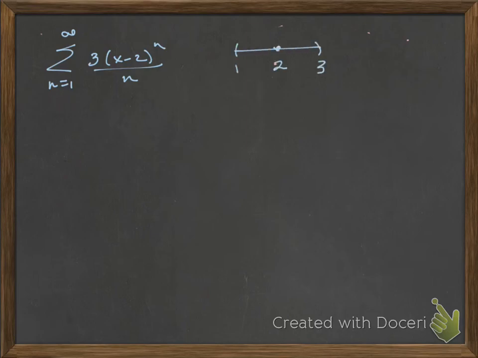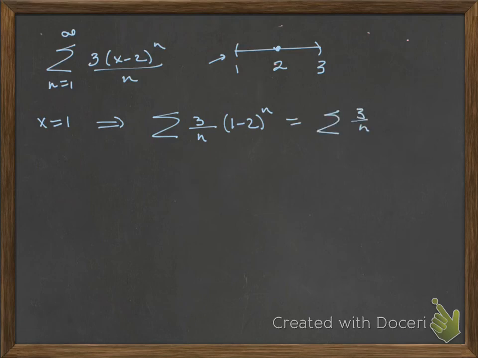We're going to first look at when x is equal to 1. Then our series becomes 3 over n times (1 minus 2) to the n, which is 3 over n times negative 1 to the n, starting at 1. That 3 just scales it.